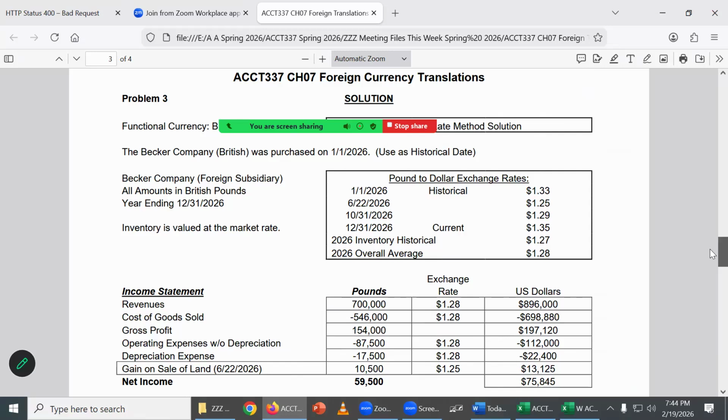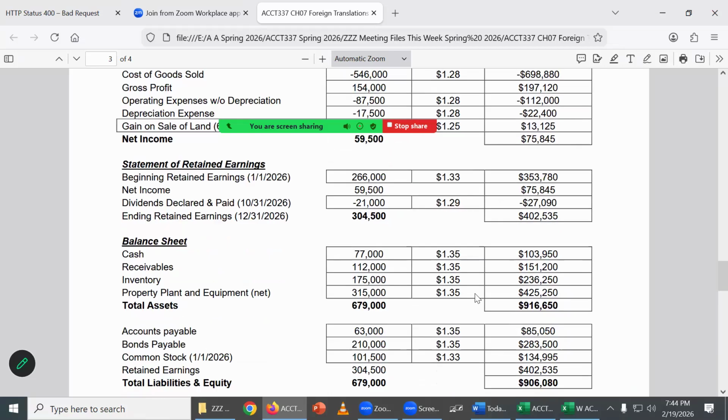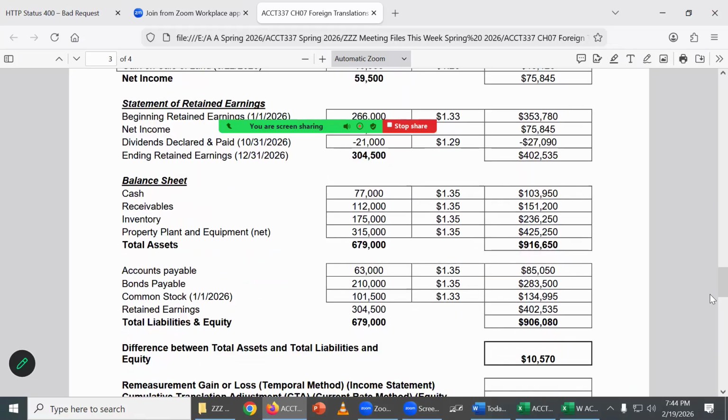So here's problem 3, the first half. Let me get a screenshot of it. And problem 3, the second half.